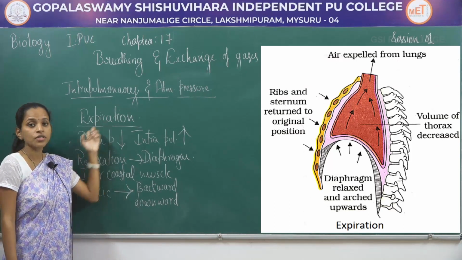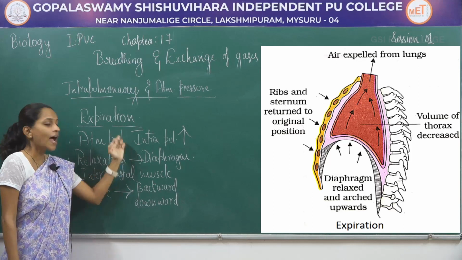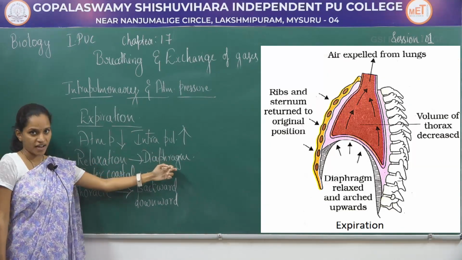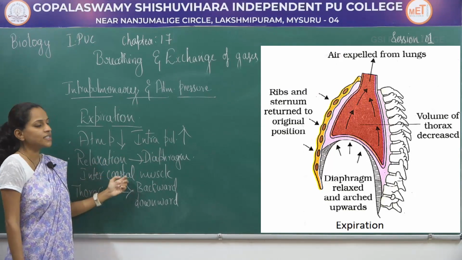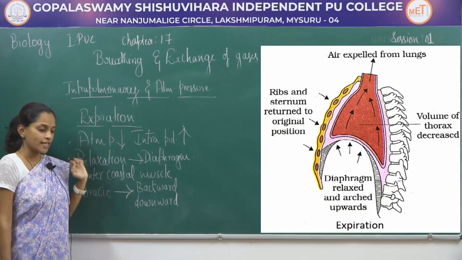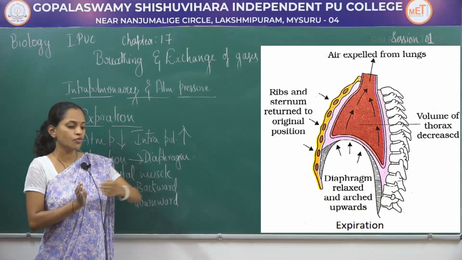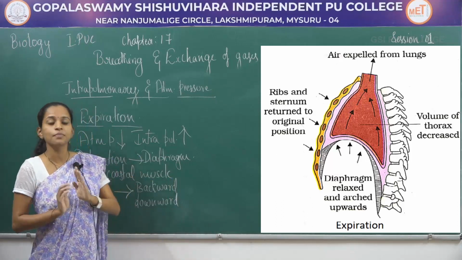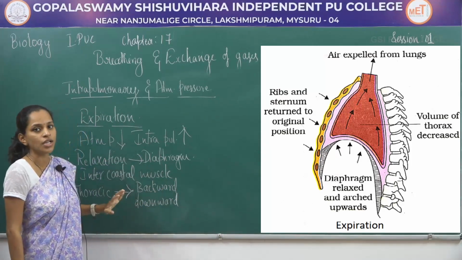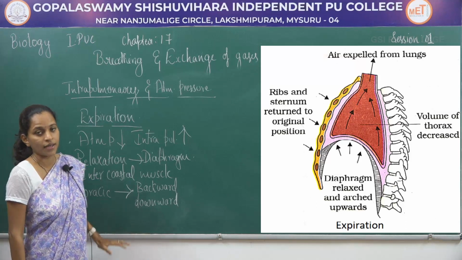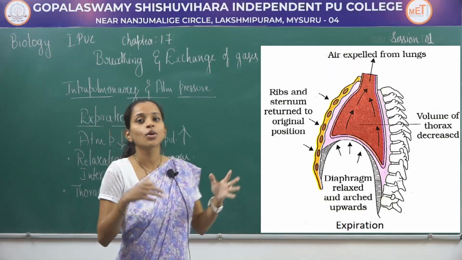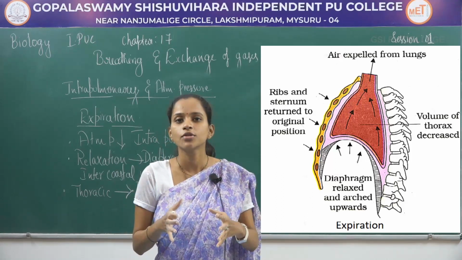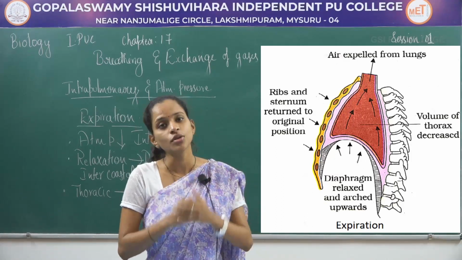So during expiration, the atmospheric pressure should be less and intrapulmonary pressure should be more. Relaxation of the diaphragm takes place as well as of the intercostal muscles between the ribs. The thoracic cavity, which had moved forward and upward, will now move downward as well as backward, getting back to its original position. During this process, what happens to the thoracic volume? It reduces. Thoracic volume reduces, pulmonary volume also reduces.